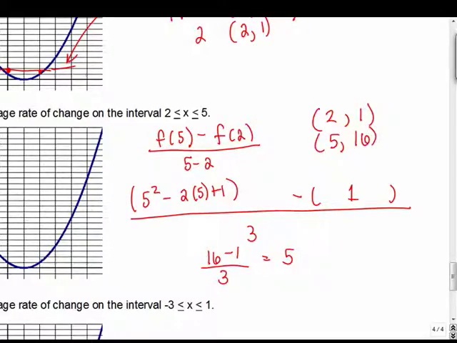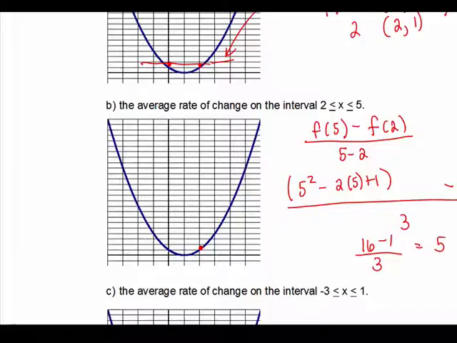So if I go to 2, 1, and then let's see, 3, 4, 5, this must be 5, 16 if I counted that out. And so what I just computed was the slope of that line. So the average rate of change just told me that the slope of the line joining those 2 points is 5.